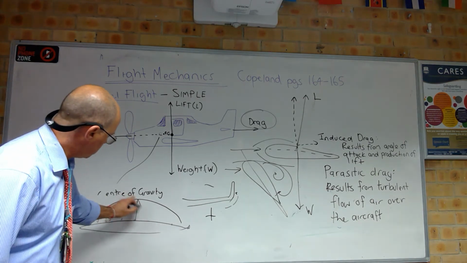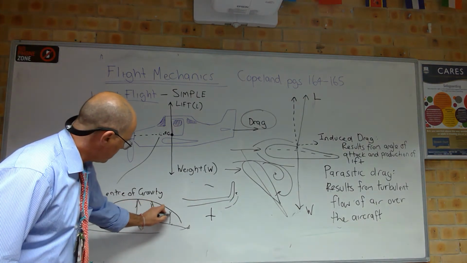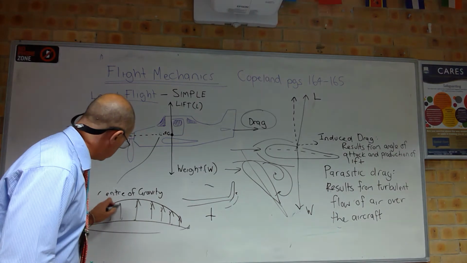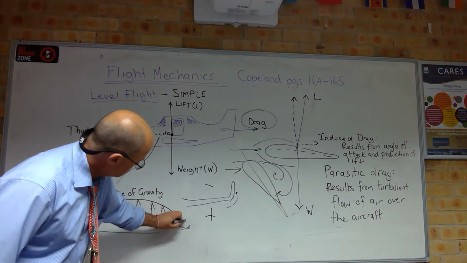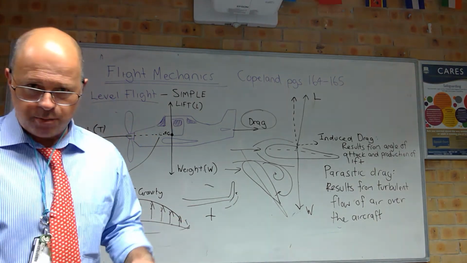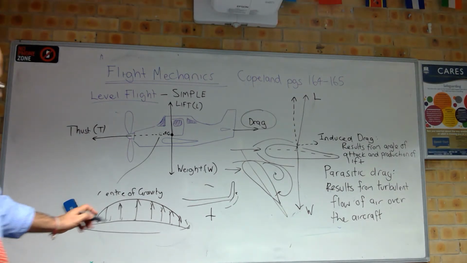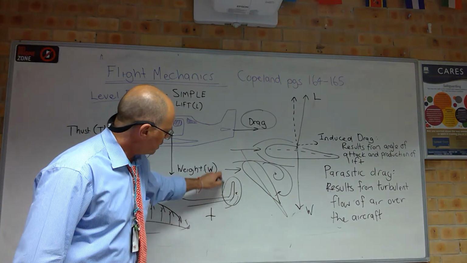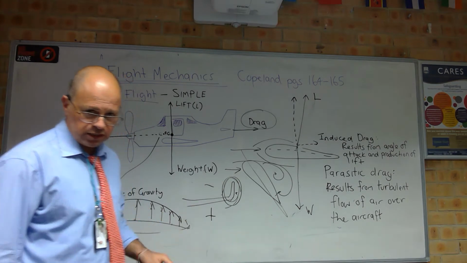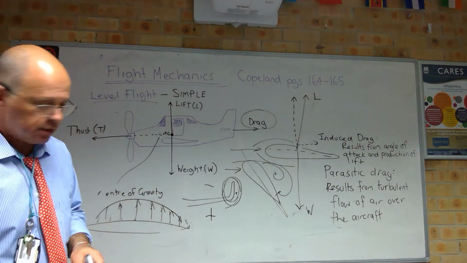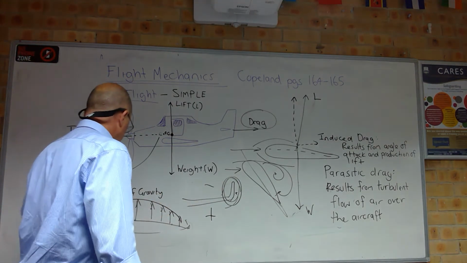So you've got maximum lift happening, and it's decreasing as you get closer to the edges. So there's not that tendency for that to happen as well. But it still will happen, and that's why you have a winglet on the end to stop a wingtip vortex, okay? So that's what that is for.